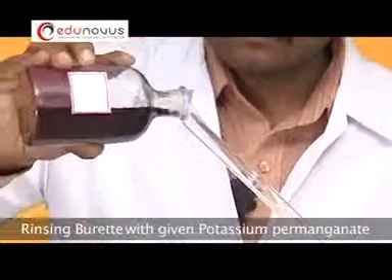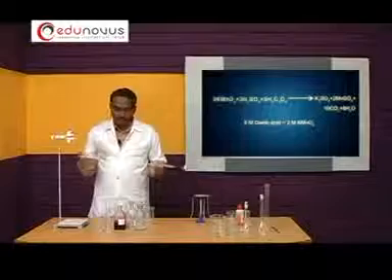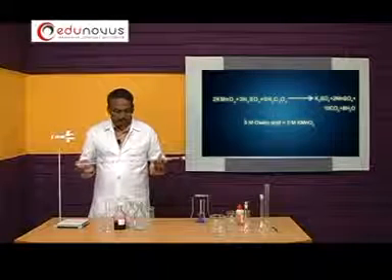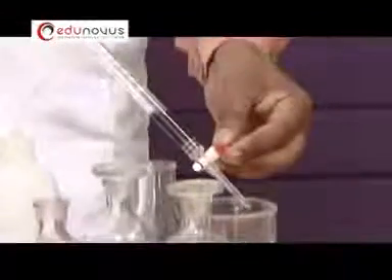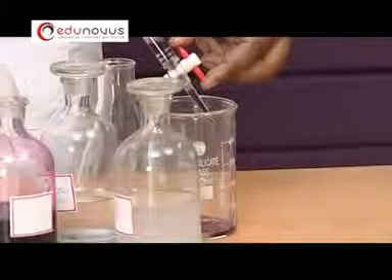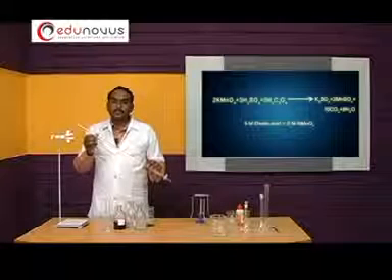Now rinse it with potassium permanganate. Remove the potassium permanganate. Now fill the burette with potassium permanganate.